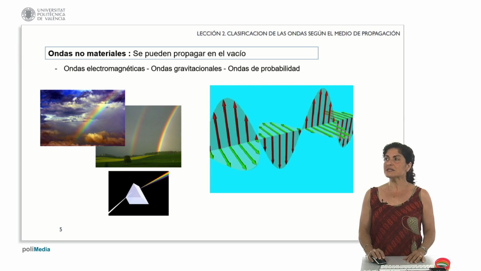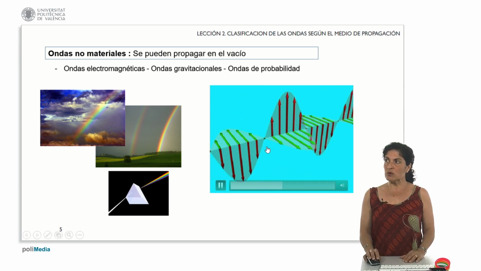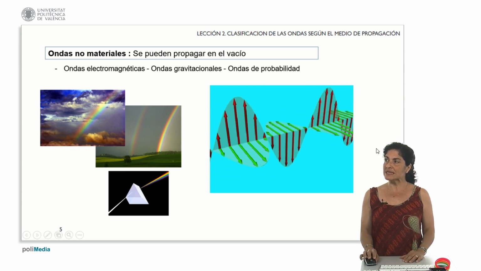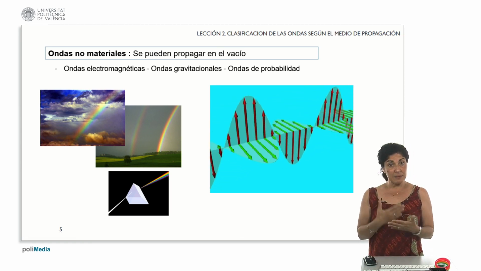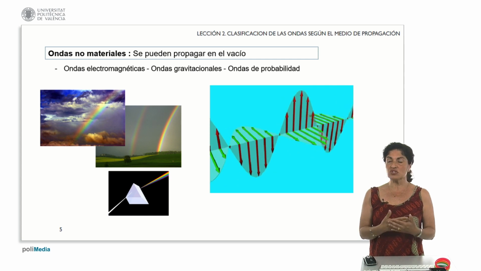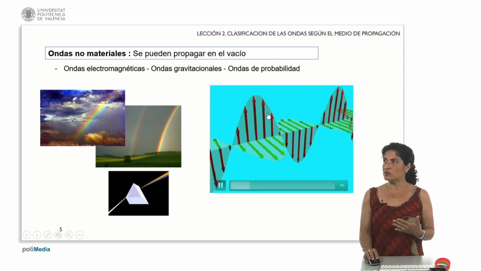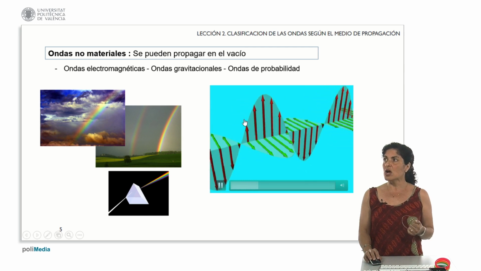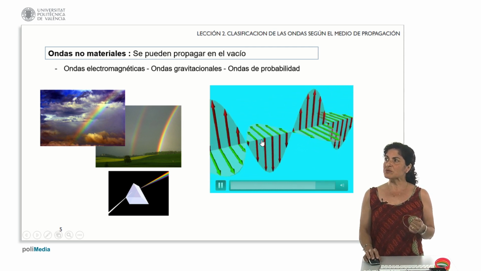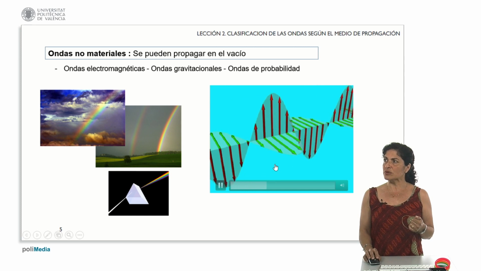Then I will comment a little bit more. Here I have a representation in this movie of the composition of an electromagnetic wave, which is given by a superposition of electric and magnetic fields. In this case, the vibration of the electric fields is represented by the red vectors, and the vibration of the magnetic fields by the green vectors.